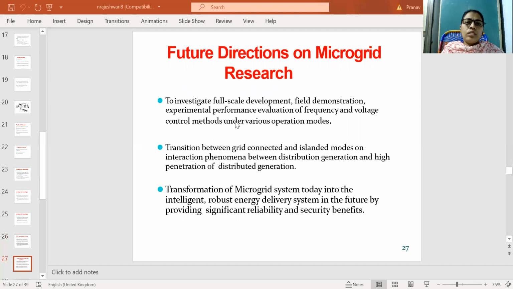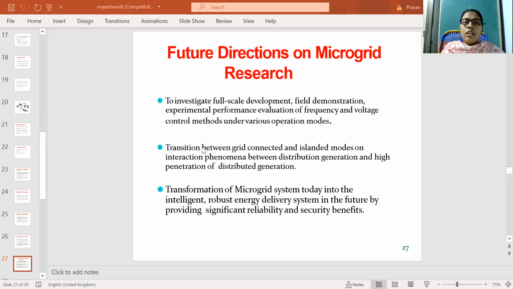And coming to future directions, microgrid research aims to investigate full-scale development, field demonstration, and experimental performance evaluation of frequency and voltage control methods under various operation modes.